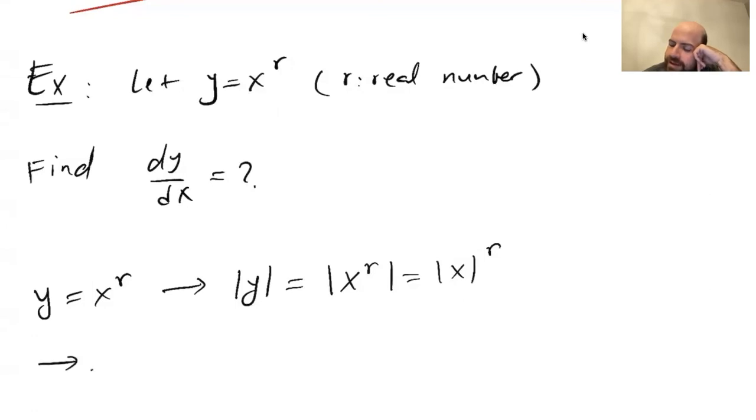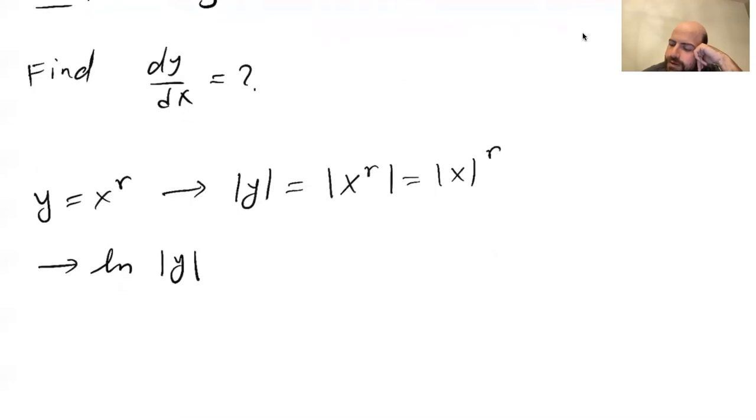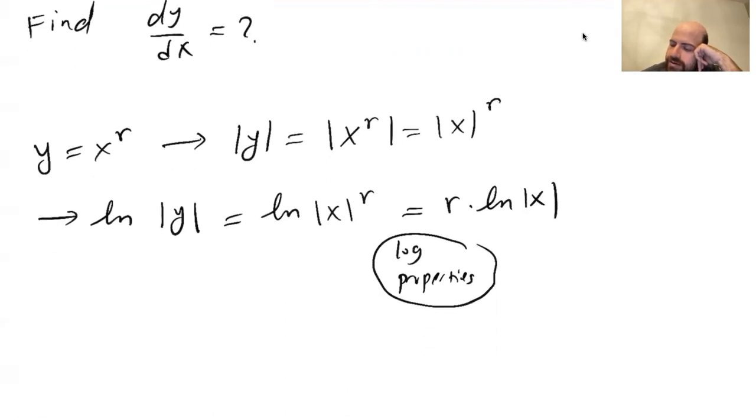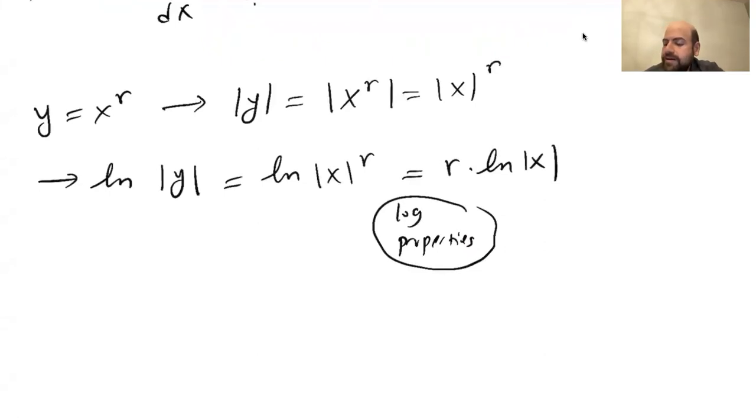Now if I take ln of both sides, ln of the absolute value of y will be equal to ln of the absolute value of x to the power r. According to the log properties, I can write this as r times ln of the absolute value of x, right? And then I apply the chain rule: I differentiate both sides.